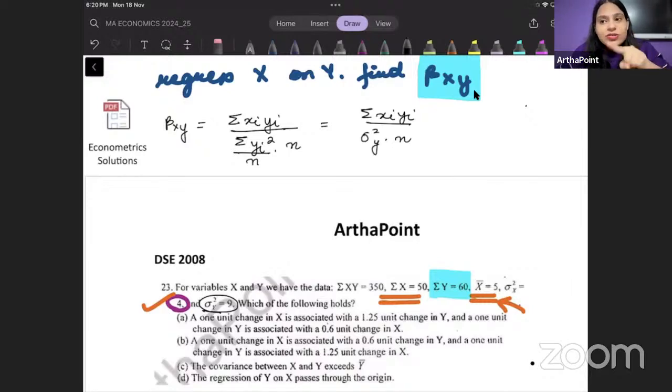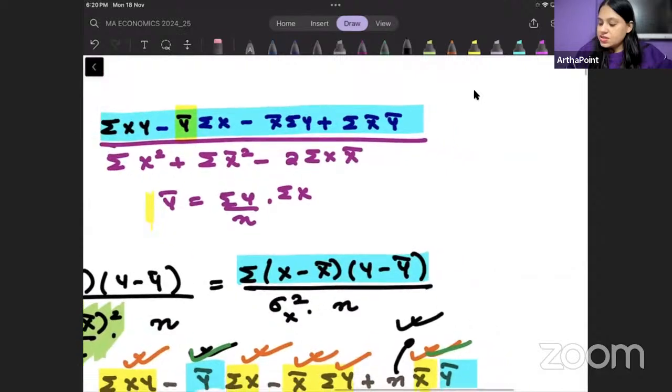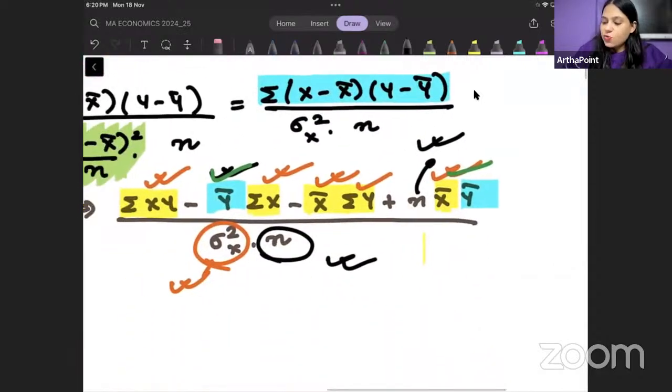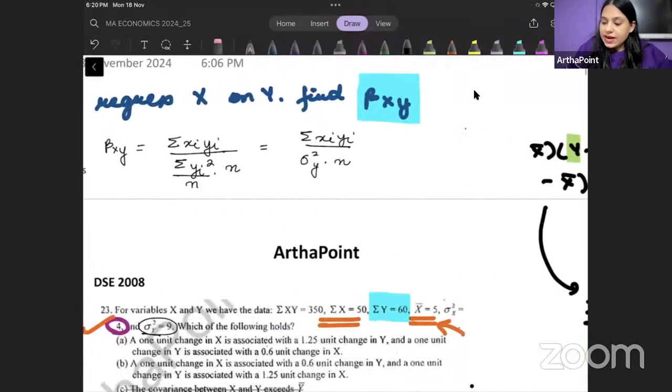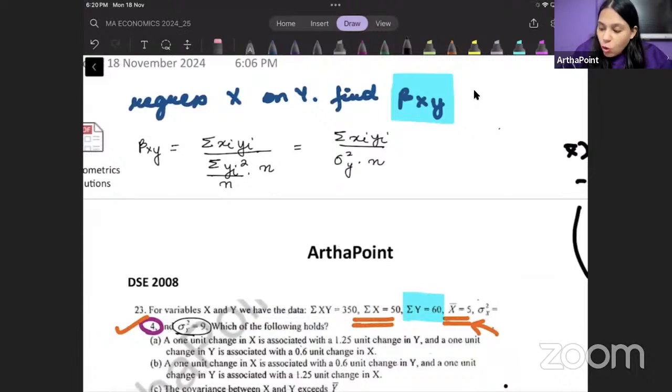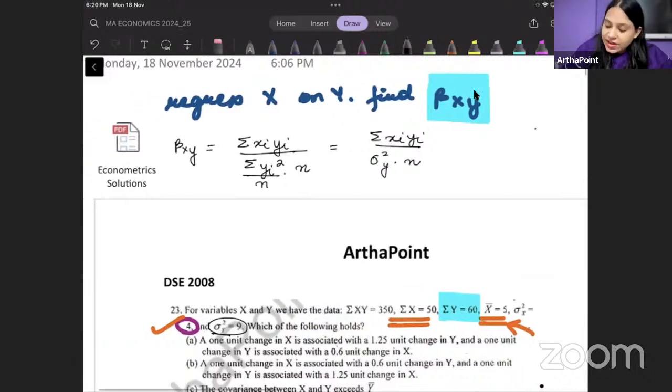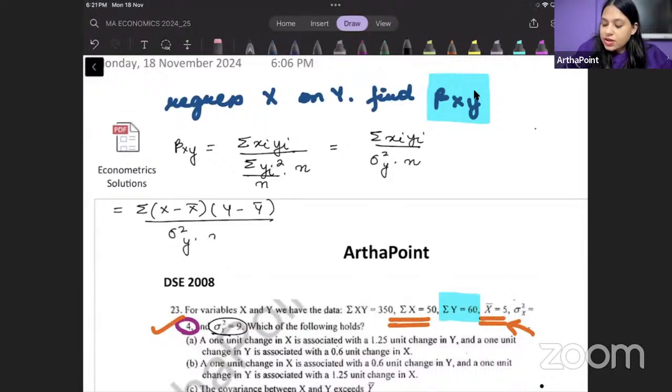The numerator you have already solved when doing this. So ideally, you don't even have to solve it again. You already know what happens when you open the numerator. You will get summation x minus x bar, y minus y bar upon sigma square y into n.